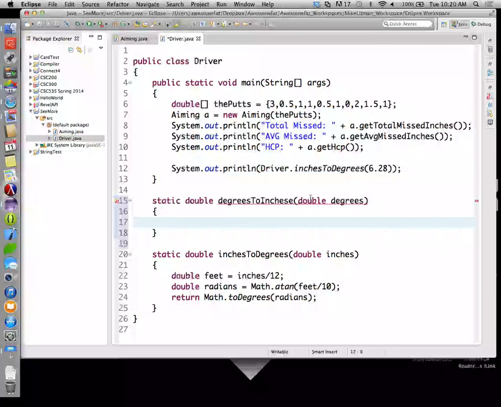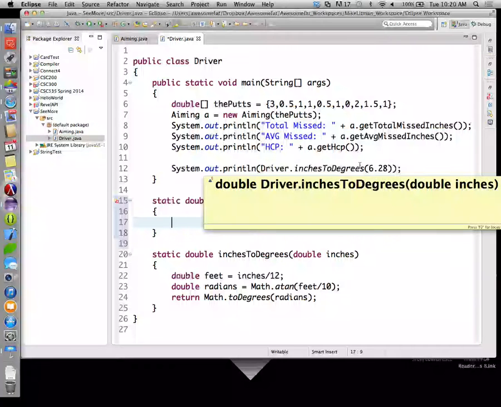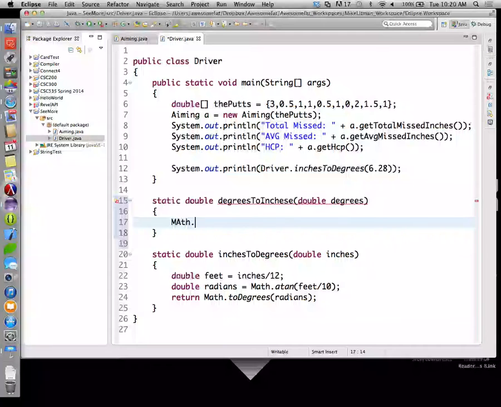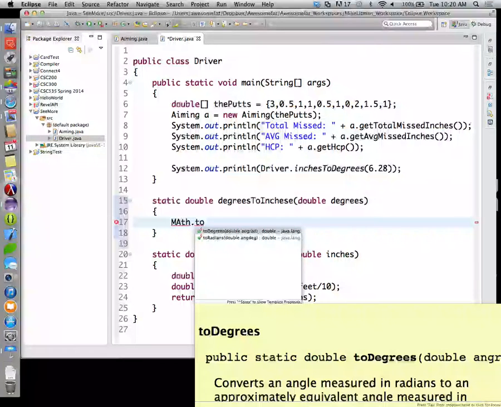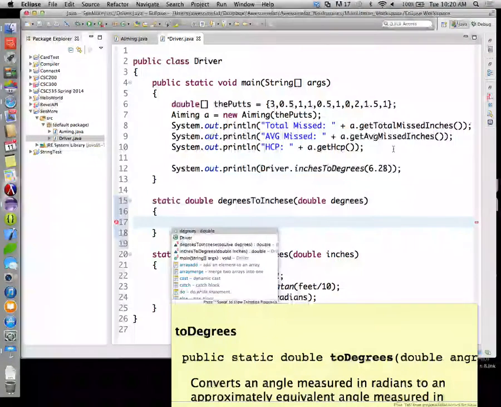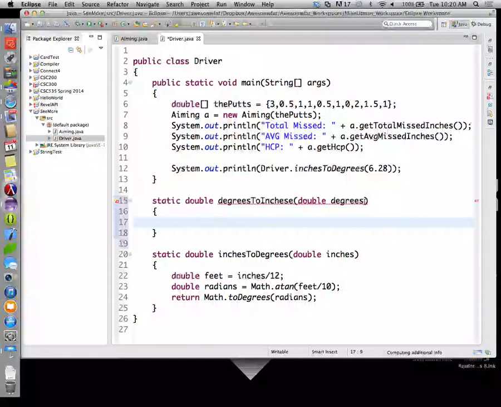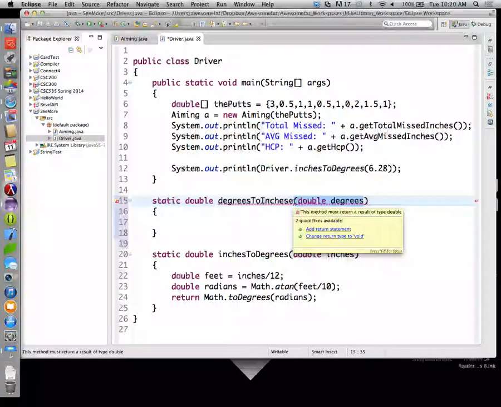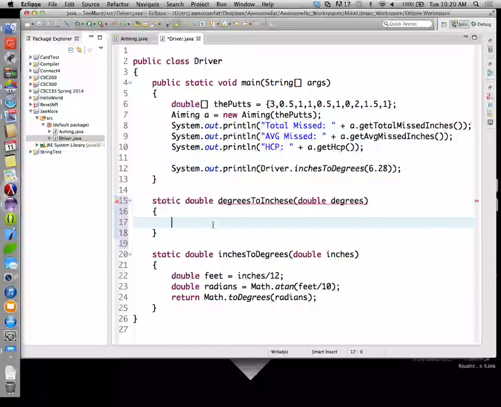All right, so we want to be able to take in the 3 here and get the 6.28. Okay, so I want to be able to take in the number of degrees and get 6.28. First of all, is there a Math.toRadians? Yeah, there is. Okay. So we're going to be taking a number of degrees. We need to first convert that to radians.